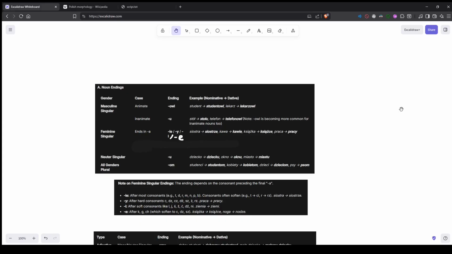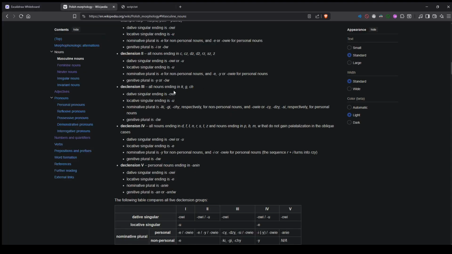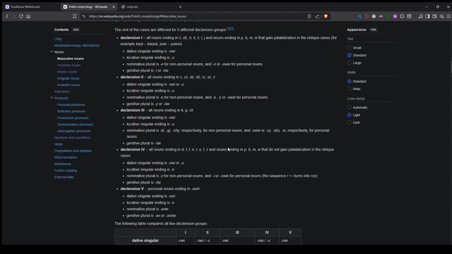Even the Polish native speakers would be kind of confused at the beginning. Maybe not all of them, but some could be confused. Is it stołowi or is it stołu? Is it stołowi, stołu, stołowi, stołu? I think it's stołu, yeah. So it's just by common sense we tend to figure this out, but unfortunately you just have to memorize it, you know?